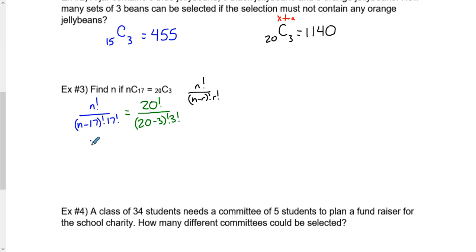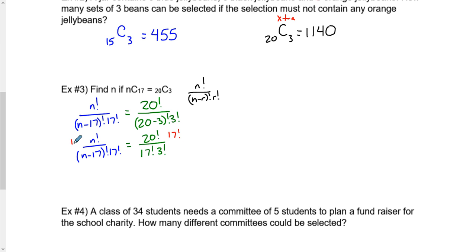Now, we can't really do anything to the left-hand side. The left-hand side would stay the exact same. But on the right side, we can simplify. We've got 20 factorial over 17 factorial, 3 factorial. Now, the good news is on both of these sides, there's a 17 factorial in the denominator.